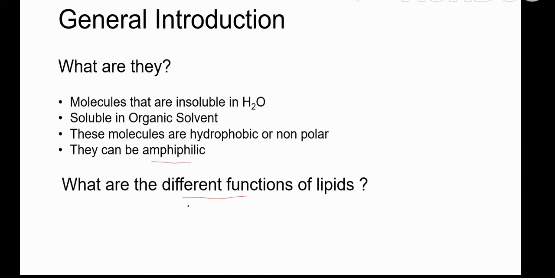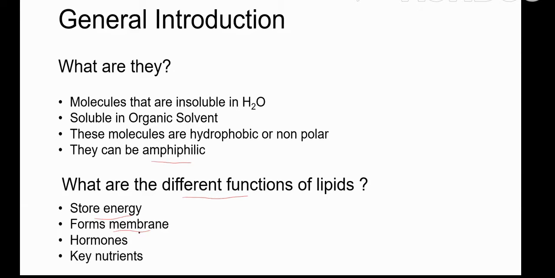Lipids can store a lot of energy, they make up part of the membrane, and they also act as hormones. In addition, lipids play a very important role in providing key nutrients to the body in terms of vitamins A, D, E, the fat soluble vitamins.